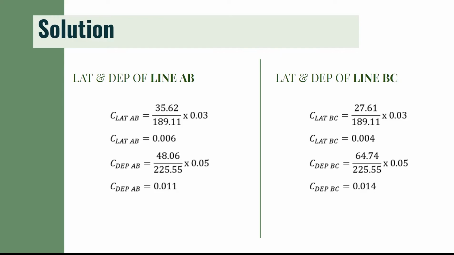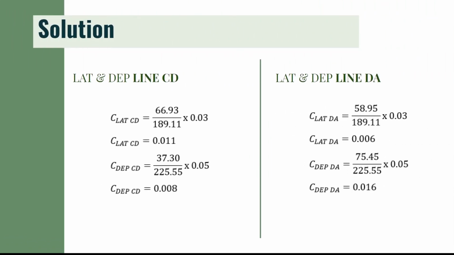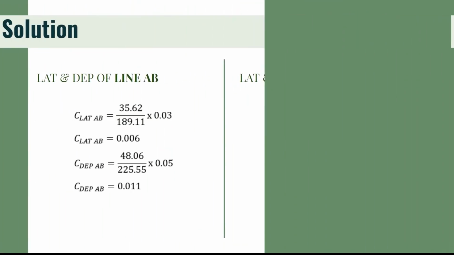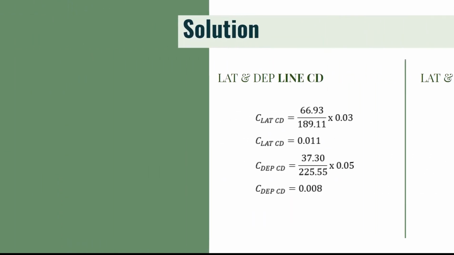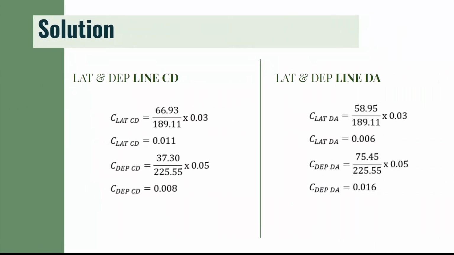The departure of line BC. Correction of departure is equal to 64.74 over 225.55 times 0.05 is equal to 0.014. The latitude of line CD.